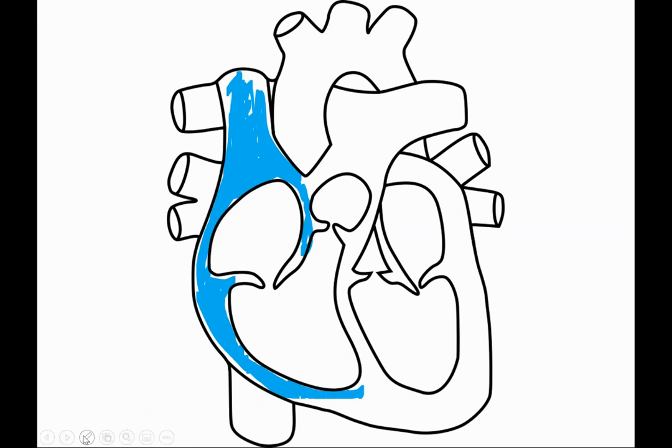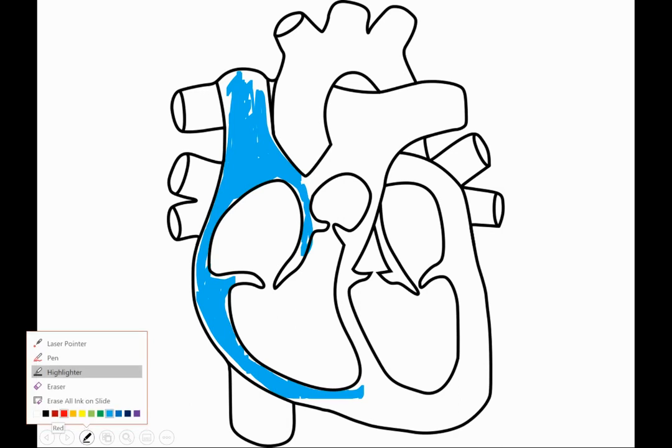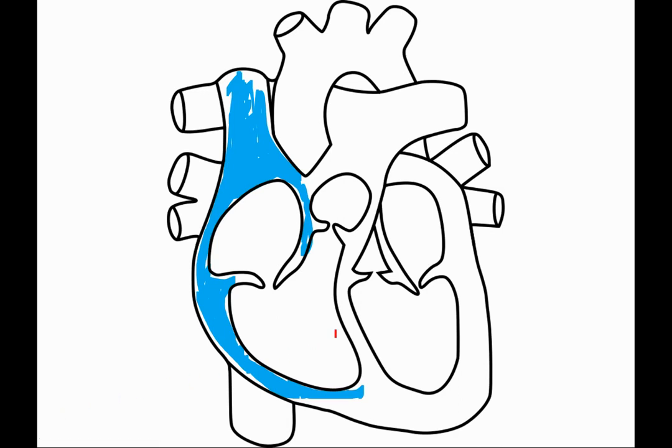And then the other side of the heart, which is the left-hand side, which is on the right, hopefully, deals with the oxygenated blood. So now I'm going to colour the left-hand side red. This is the side that has oxygen in it. So it's come from the lungs where it's been oxygenated.